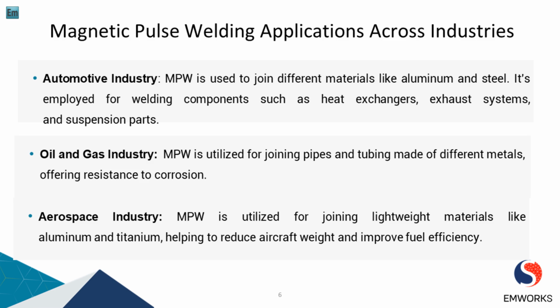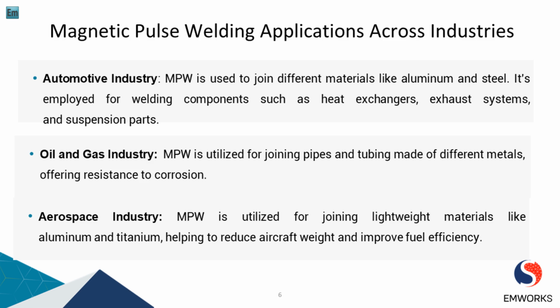In the automotive industry, magnetic pulse welding is really a game changer, allowing the welding of different materials like aluminum and steel. It's widely used in components such as heat exchangers, exhaust systems, or suspension parts.